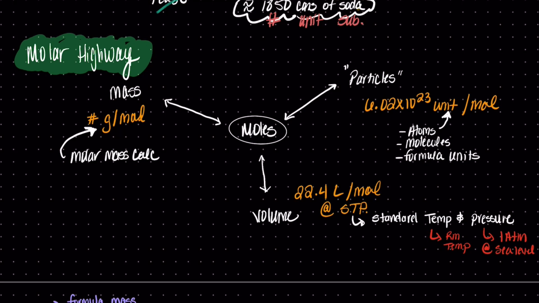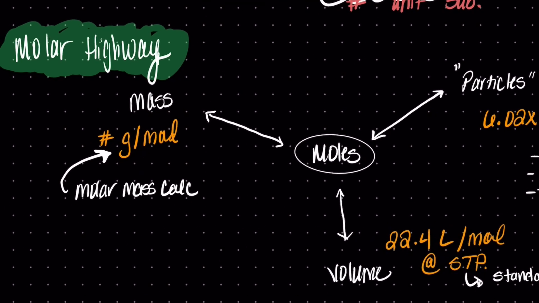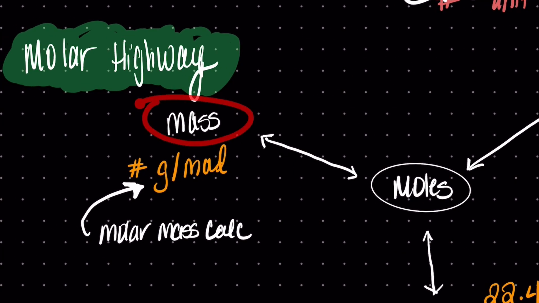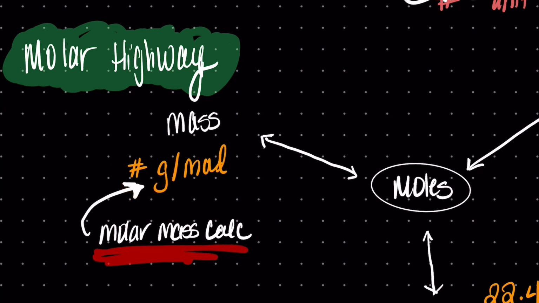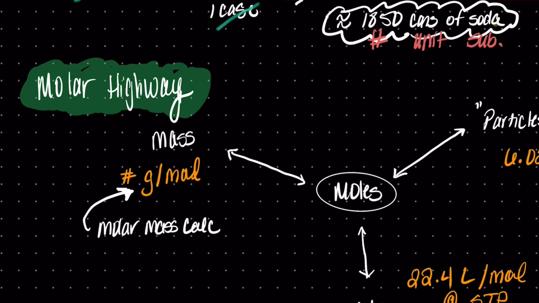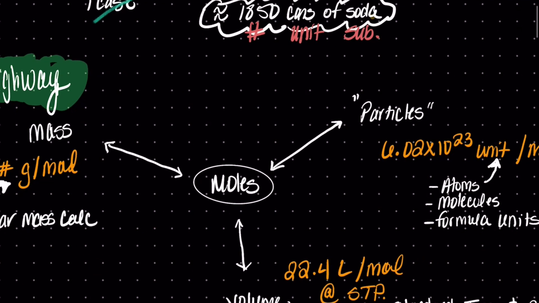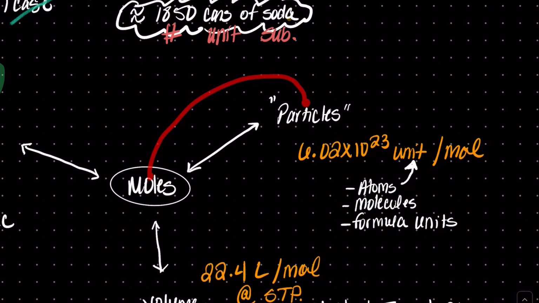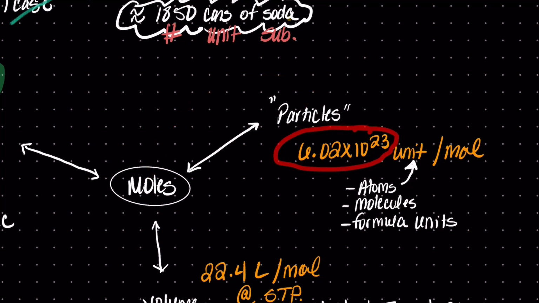So let's take it one step at a time here. If we're going from moles to mass, I know I have to have some kind of gram calculation. Your number of grams comes from what we call a molar mass calculation. I'll show you how to do that in just a second. But if we're going from moles to particles, we have to talk about this special number right here, 6.02 times 10 to the 23rd.